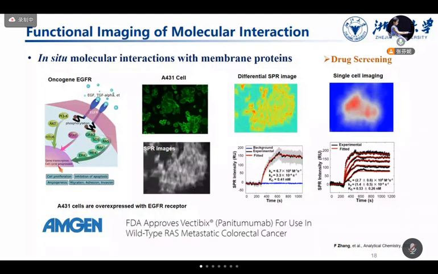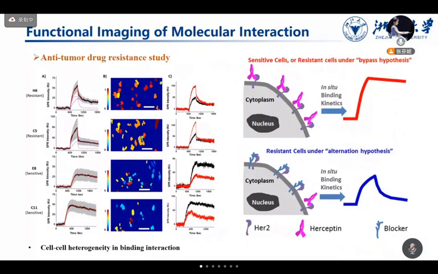So with these two values, it is very easy to rank drugs. With this method, we collaborate with pharmaceutical companies, trying to provide data and values for their drug screening. And also, based on the kinetics between the drug targets and the drug molecules, we see very diverse binding kinetics.